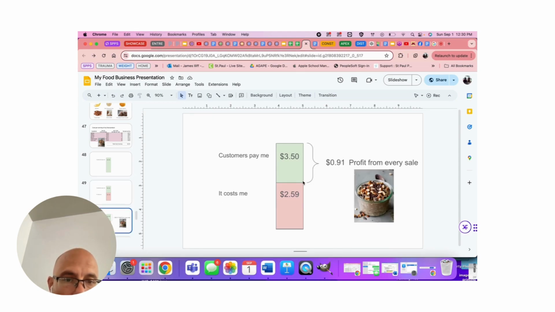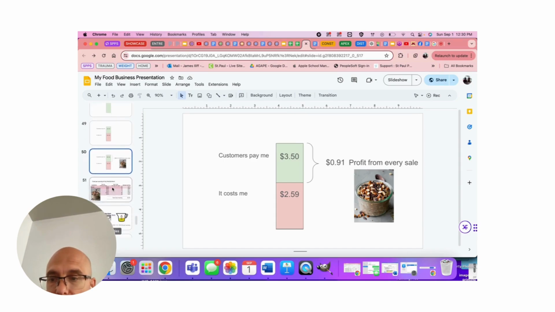It turns out I'm left over with 91 cents of profit every time I sell one of these servings. So, long story short, every time a customer pays me $3.50, I get to put in my pocket, or more specifically, my bank account, 91 cents of that. In other words, that's my money. $3.50 isn't my money because I have to pay for all the ingredients, but 91 cents is my money.